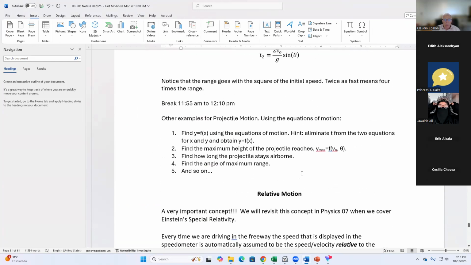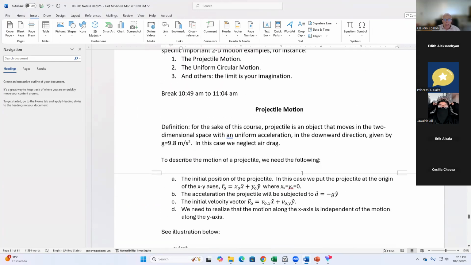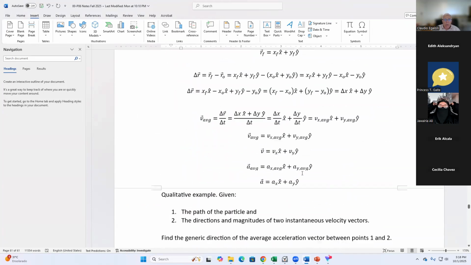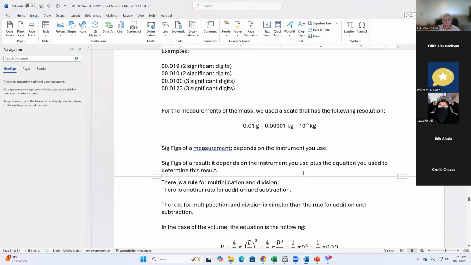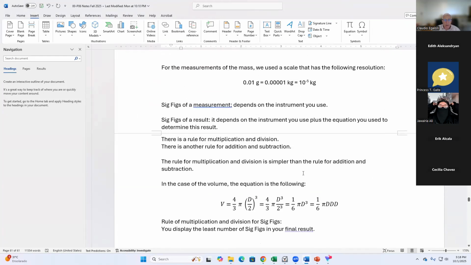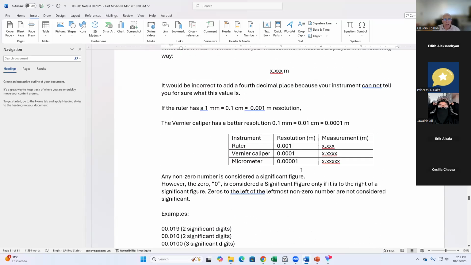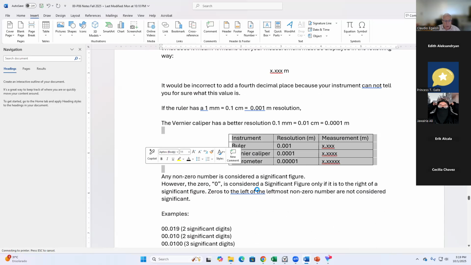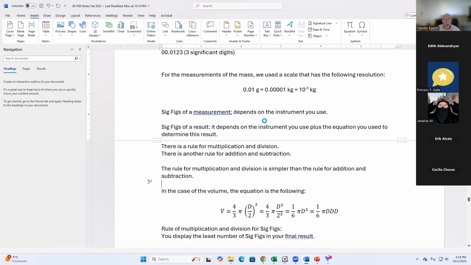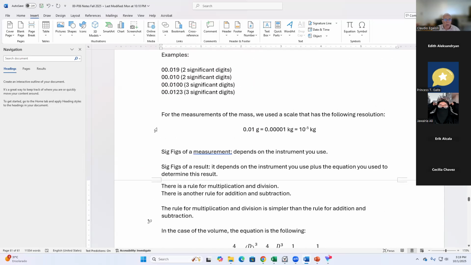And I mentioned what should be the resolution for each measurement, right? And I didn't mention the resolution of the scale. Oh yeah, I did mention it right here.